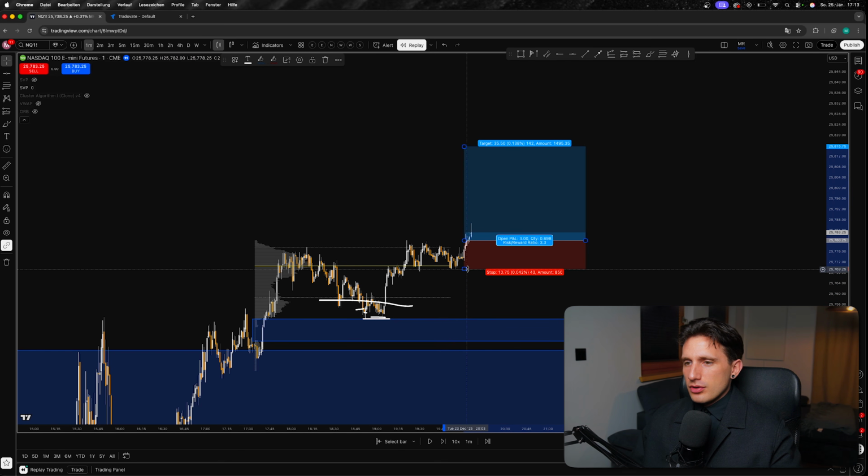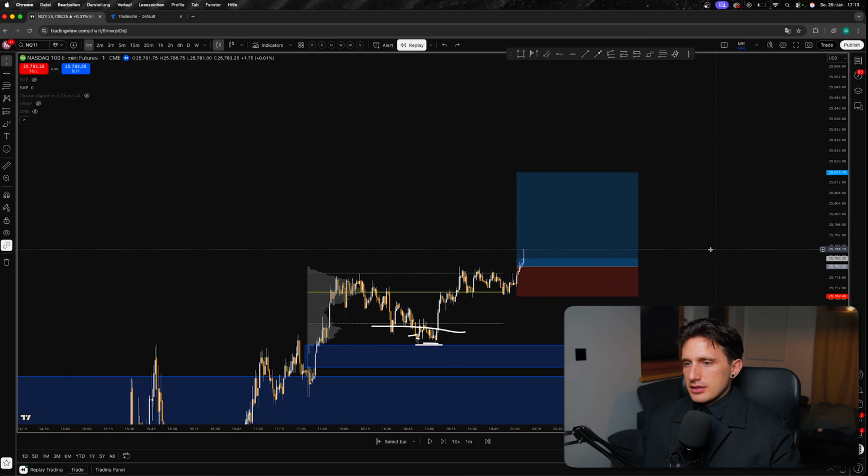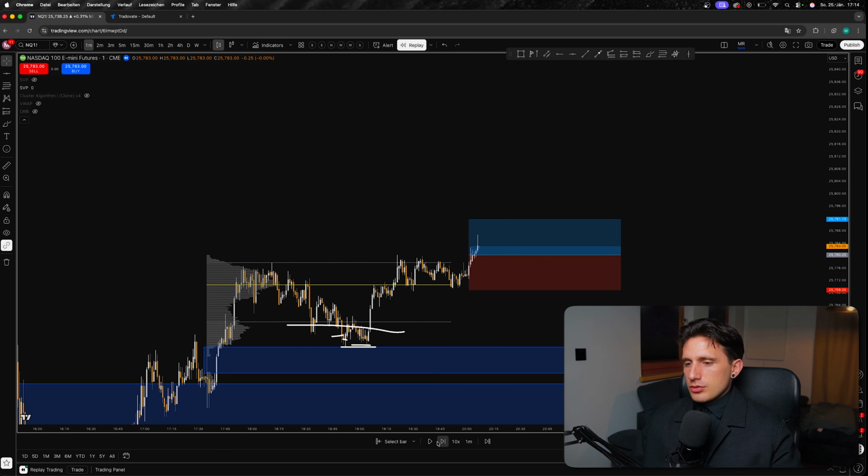Stop loss goes underneath your point of control. That's the safest place, because the market can decide to push you a little bit back, right, and stay right here and then push to the upward side. Point of control is your safe place right in here. So we are here on a long position. I am targeting a 1-to-1. So let's play this out and see what's happening.